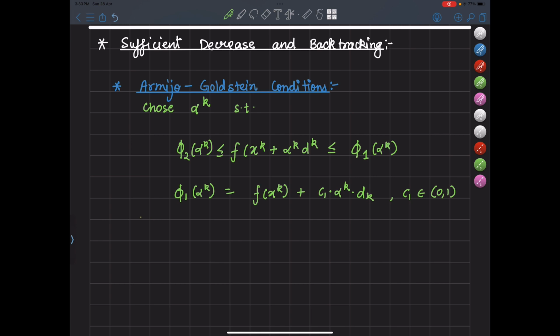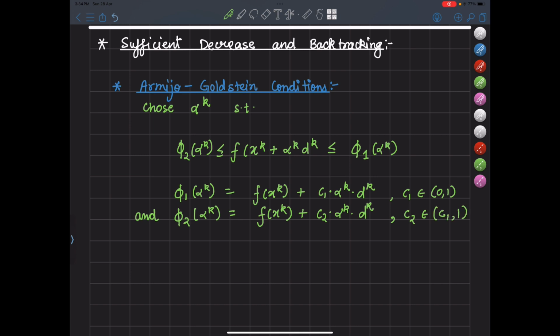And phi 2(alpha k) is f(xk) plus c2 times alpha k times gk transpose dk, where c2 belongs to (c1, 1).